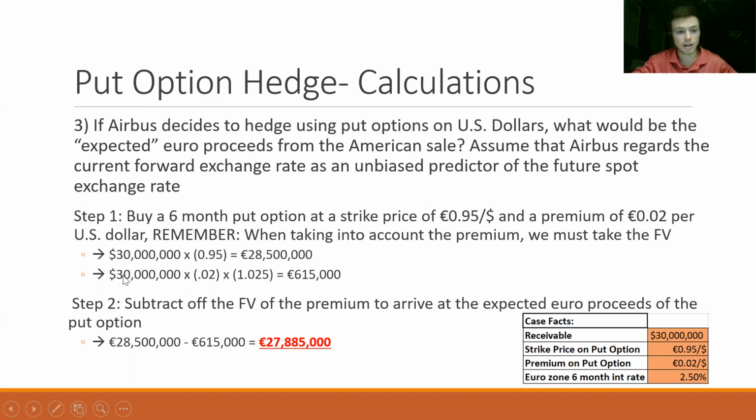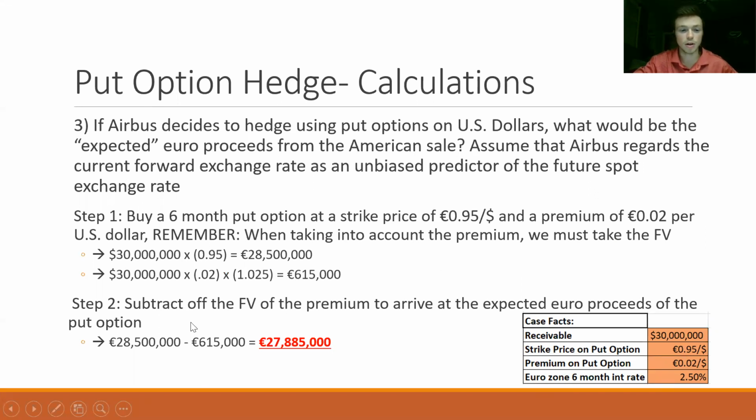And we also need to take into account 30 million times 0.02. That's that 0.02 per US dollar. So 30 million US dollars times 0.02 times 1.025. We're using that, again, that Eurozone 6-month interest rate to get the future value of the premium. And that gives us 615,000 euros.